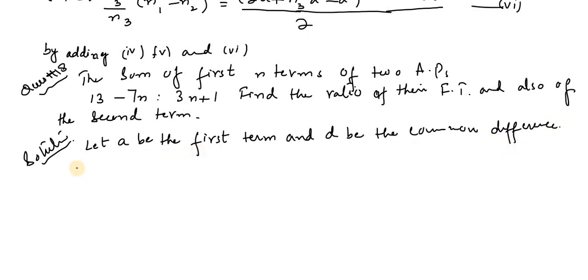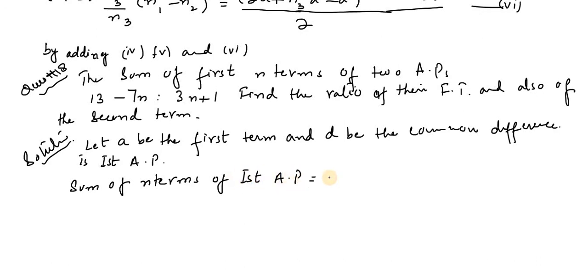In the first arithmetic progression, we know that the sum of n terms of the first arithmetic progression is equal to n upon 2 times (2A plus (n minus 1) D).